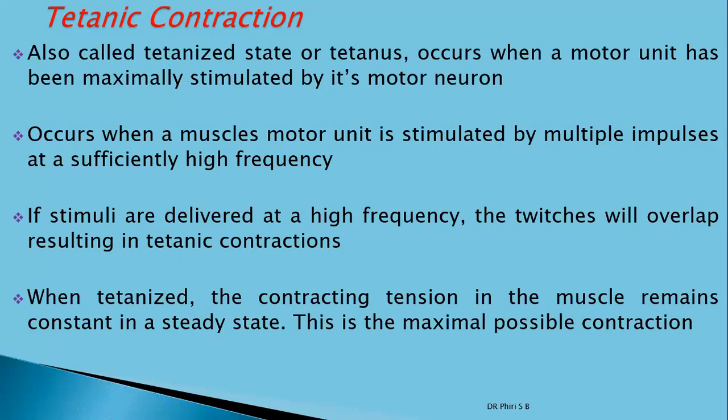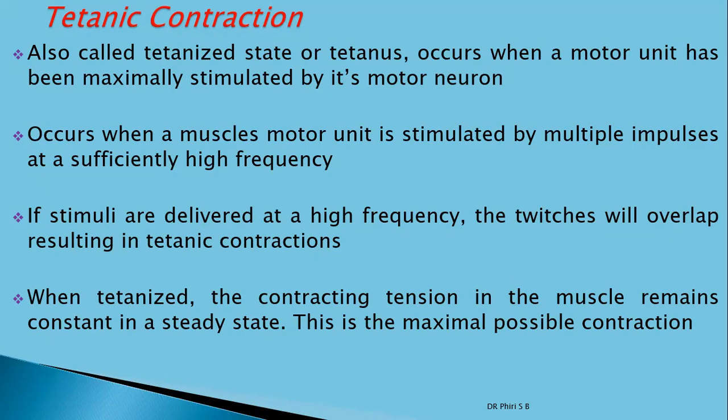Tetanic contractions. Tetanic contractions will always start with wave summation. In wave summation, there is no complete relaxation in between the muscle twitches. Then once those waves reach the maximum tension, it's called tetanic contraction. Also called tetanized state or tetanus, it occurs when a motor unit has been maximally stimulated by its motor neuron.